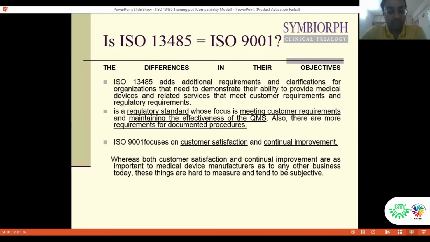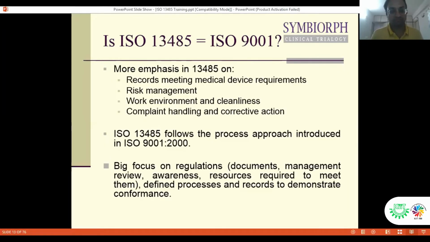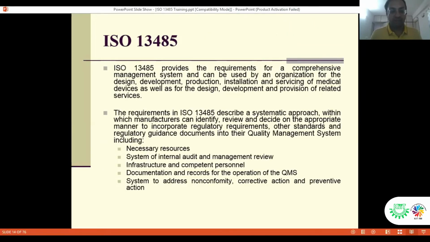ISO 9001 is more focused on customer satisfaction and continual improvement, right? So for medical device manufacturers, ISO 13485 is not equal to ISO 9001.